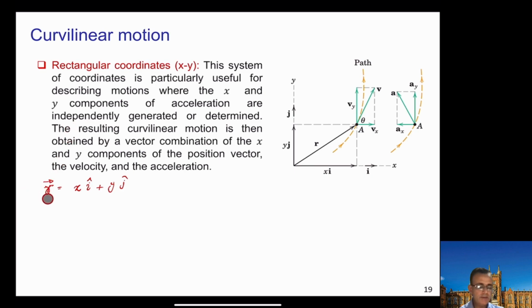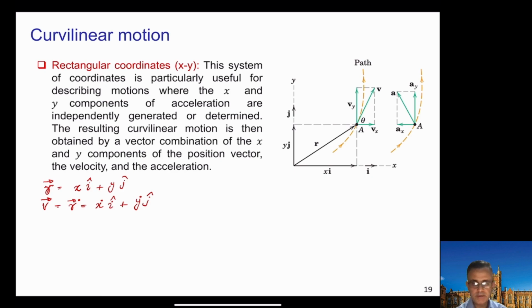Similarly, you can differentiate this r with respect to time, and you will get the velocity. So if you differentiate r with respect to time, you will get r dot, which is dr by dt, and you will get x dot, which is dx by dt, along i, and y dot, which is dy by dt, along j.